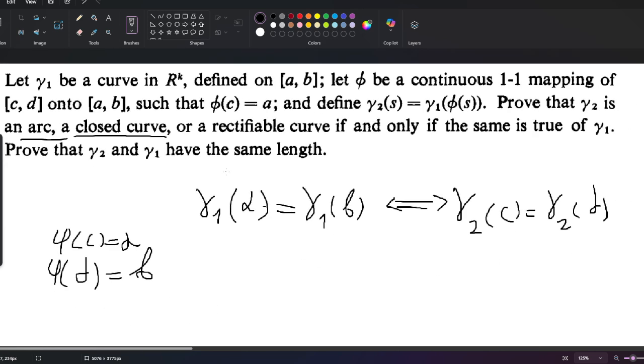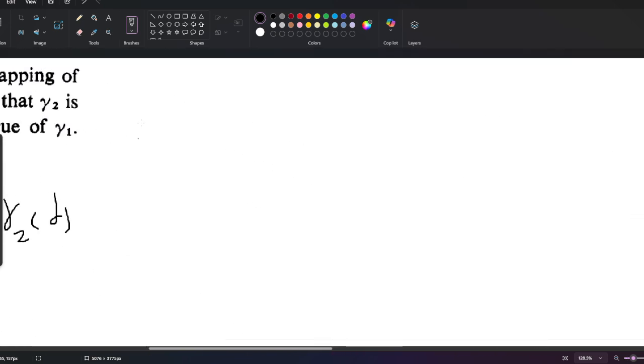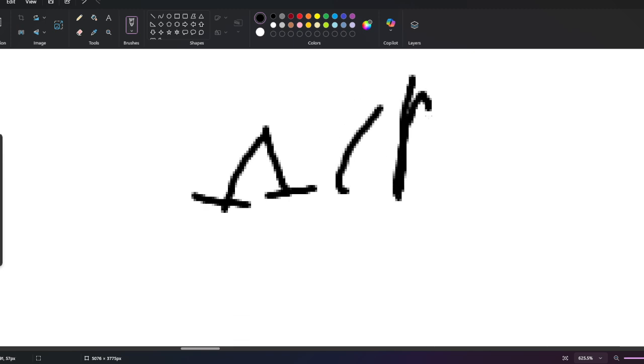Now we need to show the rectifiability if and only if statement, and that gamma 2 and gamma 1 are going to have the same length. Well, recall how we look into the length of two curves, and first let's define the length function for a specific partition.